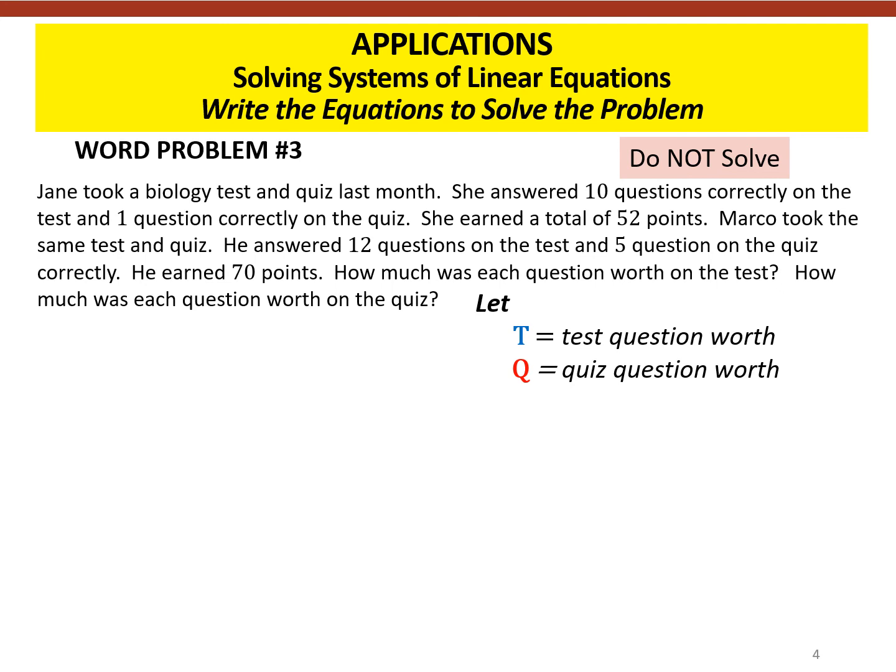Now, the last and third step, we're going to go into that word problem and write down every piece of information they give us so we can then write our equation. So here we go with that. Jane, we have Jane. She took a biology test and quiz last month. All right? She answered 10 questions correctly on the test and 1 question correctly on the quiz.